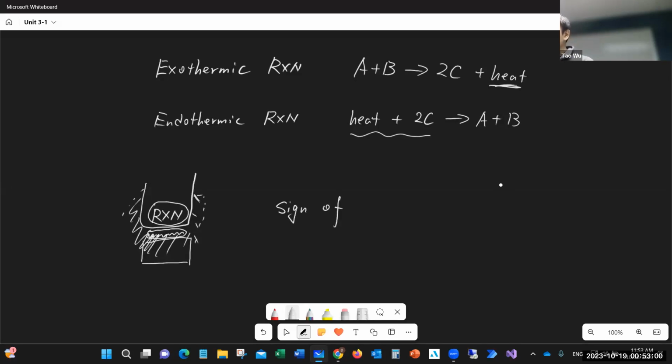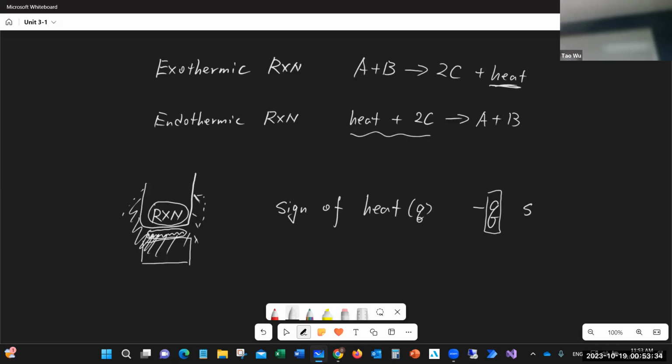The sign of the heat. Heat usually doesn't have a sign, but when heat transfers, it does have a sign. We usually use Q to represent heat. Q is just a number, how much heat. But if heat is moving in or out, they give you a sign.